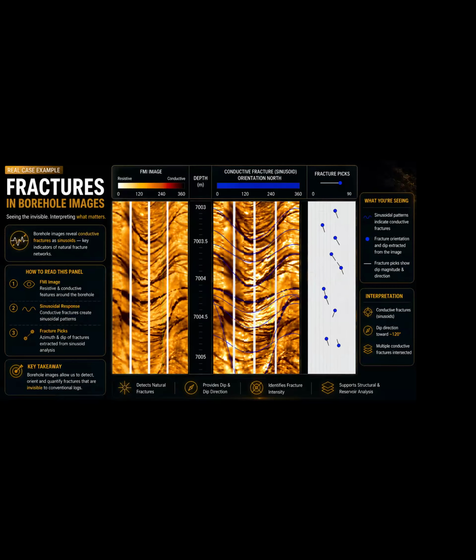I think when we talk about borehole images, or you search about borehole images, definitely you will find something like this.